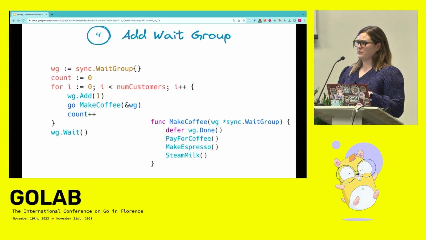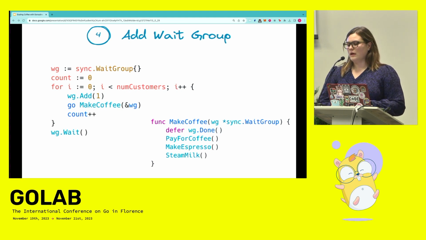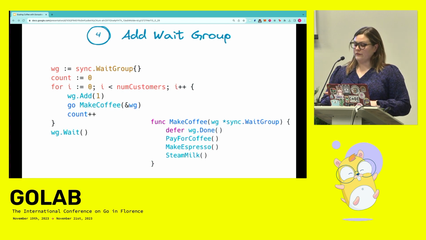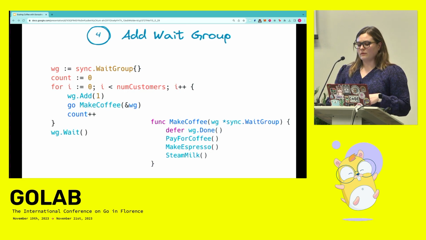So what we do here is use the sync package, which allows us to create a wait group variable. And then the built-in add function adds a counter for each Go routine we spin out. And then we pass the wait group into the function we're using as a Go routine and call waitgroup.Done, which decrements that count.